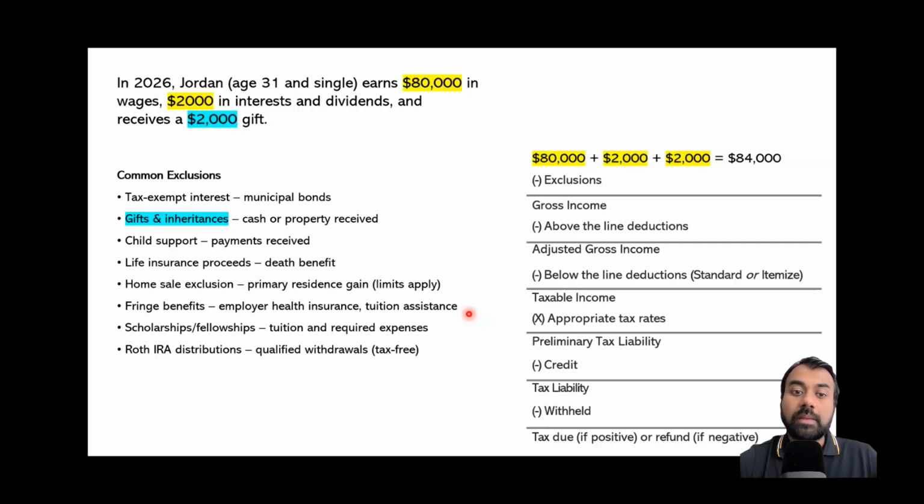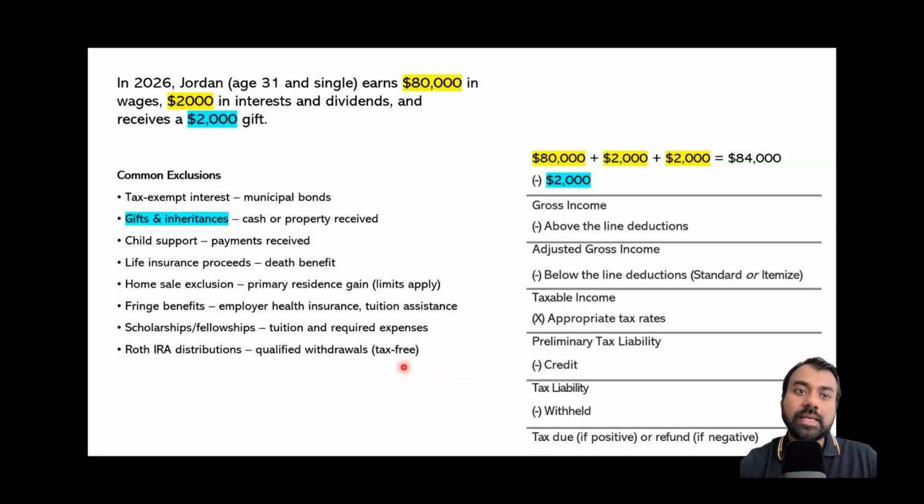So, for example, employer provided health insurance or tuition assistance, those are also excluded. Then if you are receiving scholarships or fellowships and you are using the money to pay for tuition and books, then those amounts are also not part of the income, so they can be excluded as well. And then lastly, another common item we have is Roth IRA distributions. These are tax-free to you.